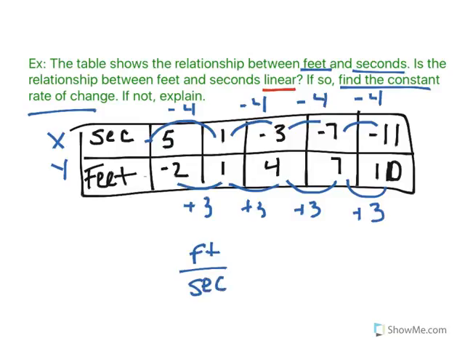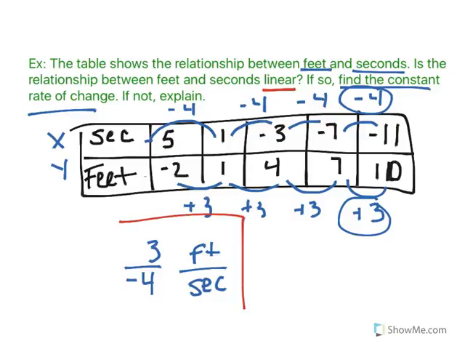So it looks like we have 3 feet here, because of my pattern here, and then we have the -4 seconds. So we can look at that as the rate of change of -3/4 feet per second. Again, I'm going to say that again. It's the constant rate of change of -3/4 feet per second.